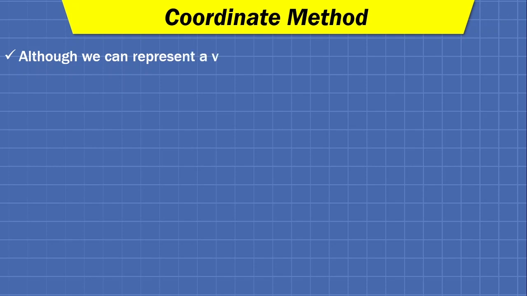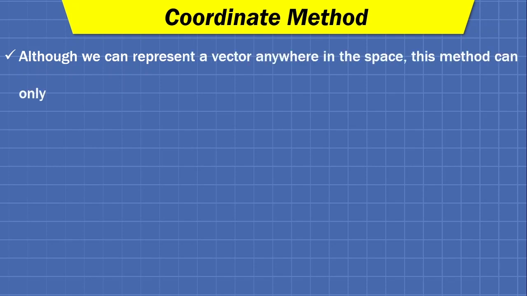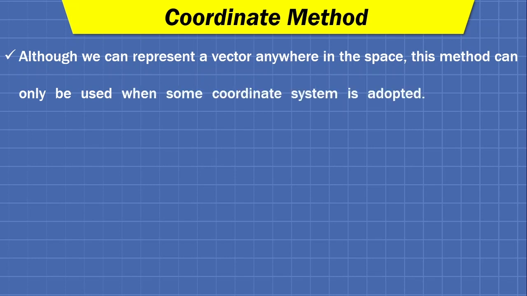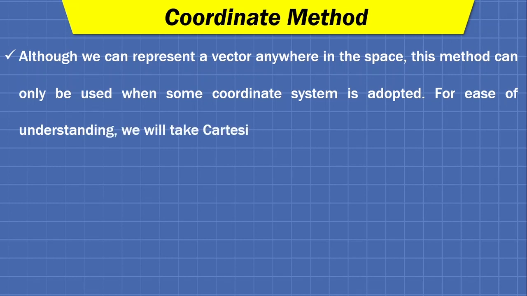Now, although we can represent a vector anywhere in the space, this method can only be used when some coordinate system is adopted. For the ease of understanding, I have taken Cartesian coordinate system. Now there are a number of coordinate systems, but the most well known is this Cartesian coordinate system.